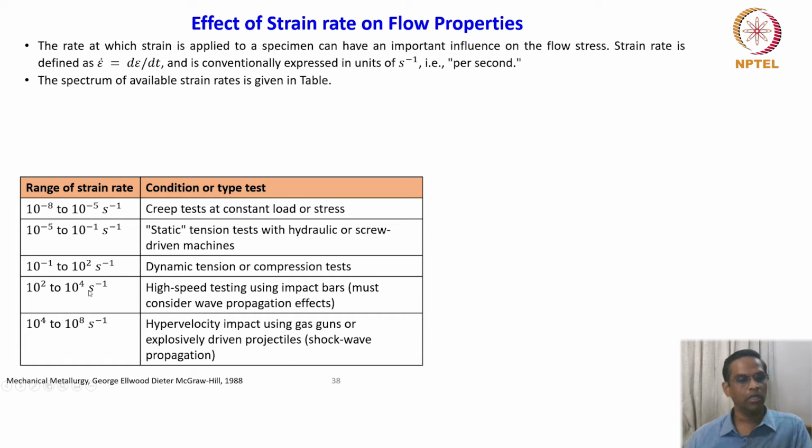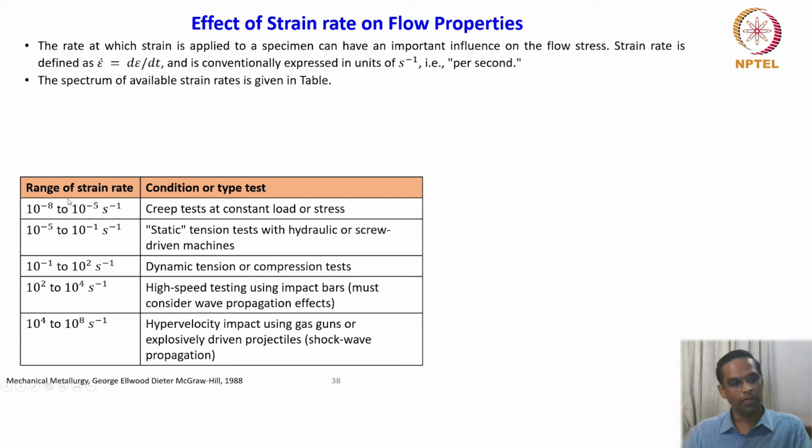10 to the power 2 to 10 to the power 4 is high speed testing using impact bars, where we must consider wave propagation effects because we are dealing with very high strain rates. 10 to the power 4 to 10 to the power 8 is hypervelocity impact using gas guns or explosively driven projectiles, with shock wave propagation.